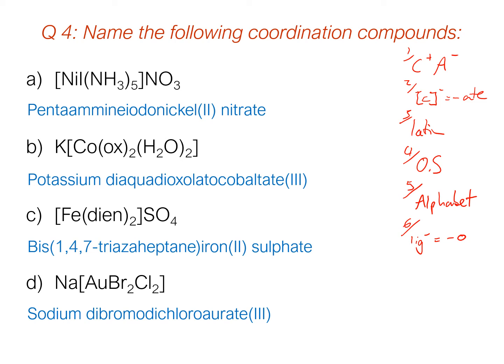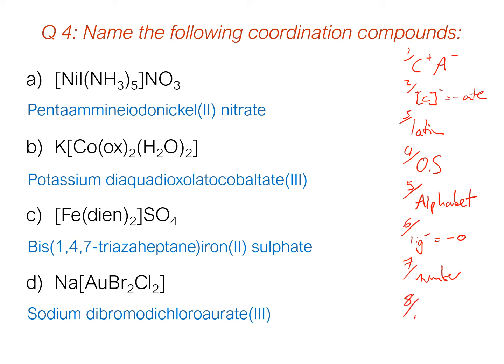Rule 7 concerns numbering. So that's, remember, something we add to show how many of each ligand we've got. So if we've got 2 waters, it's di. If we've got 3 chlorines, it's tri, and then tetra, penta, hexa, things like that, just to show how many ligands we've got.